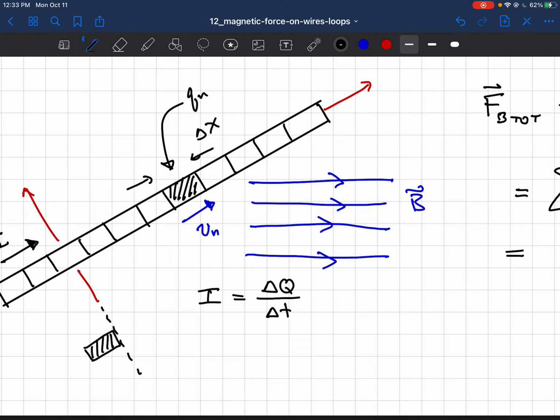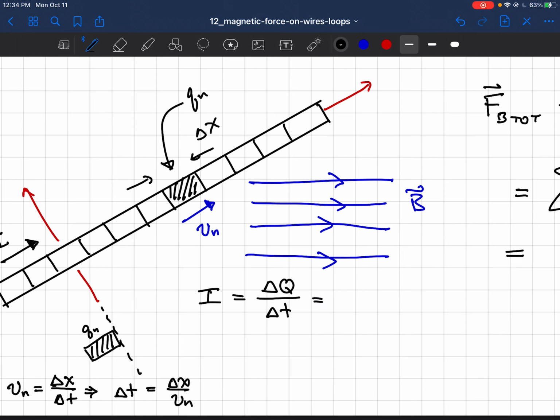So if we take the delta Q to be our little Qn, and just imagine it to go past this plane, how long does it take for it to go past the plane? Well, it's going to be exactly given by the velocity there. And so the velocity you can think of as delta x over delta t. So that tells us that the amount of time that it takes to go past is equal to delta x over v.